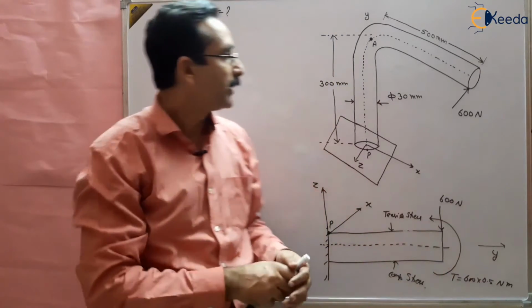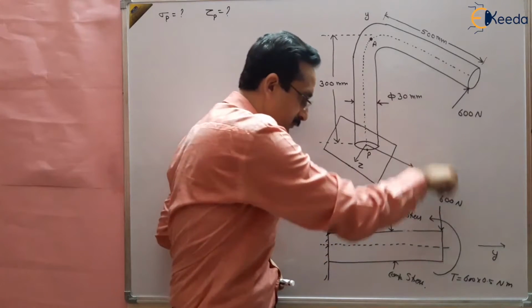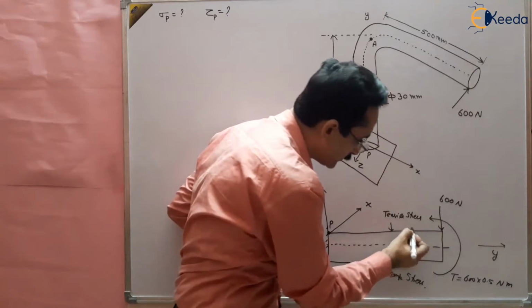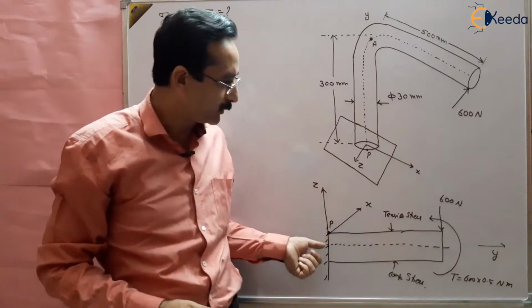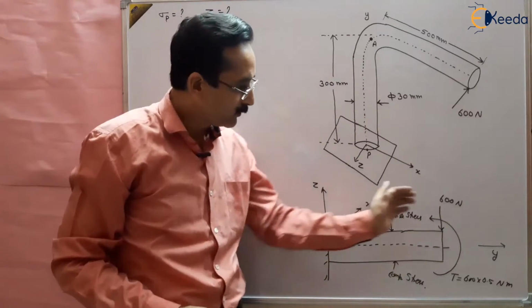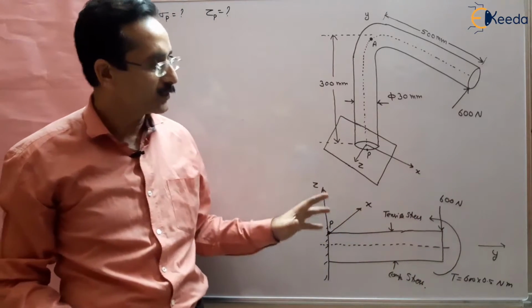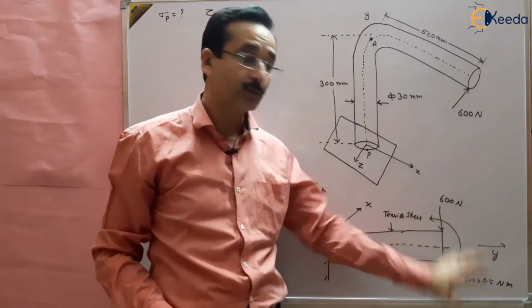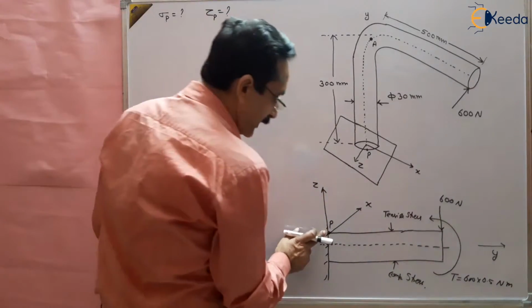And when this 600 Newton load is applied in the Z direction, opposite to the Z direction, a bending moment will develop, and bending stresses will be developed, because it will act like a beam now. So this is a question of combined bending and torsion. What will be the bending moment at point P?